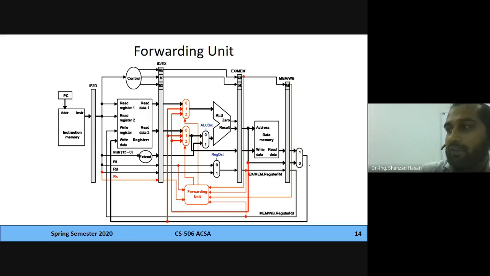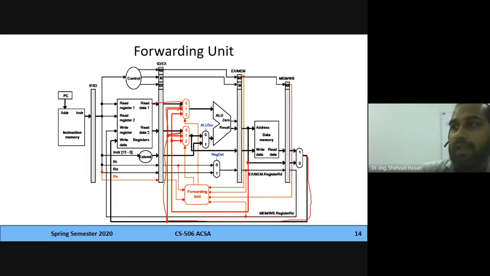Then you have your other input coming from this multiplexer, which is the result after the MEM/WB pipeline register, and it's going to the first input.